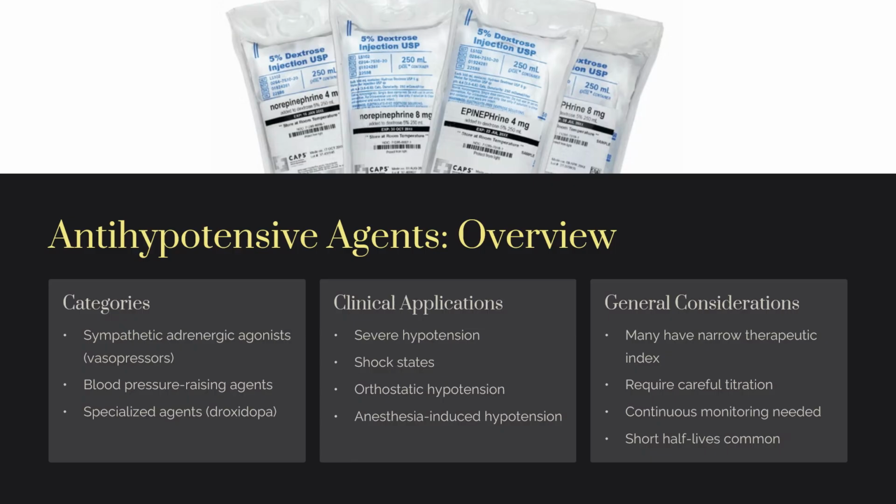One of the things, and I feel like this is a very good term for those drugs, vasopressors, because they're pressing on the vasos. Okay, so they're constricting that, allowing me to raise my blood pressure. Okay, there's not vasodilation going on. And then the droxidopa, that's a special one that we'll talk about. So those are the different kinds of these.